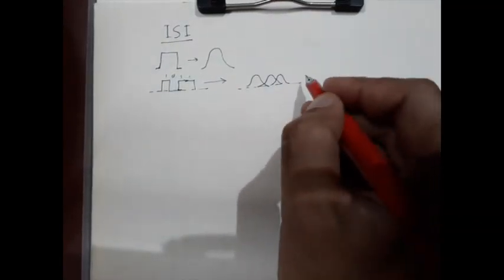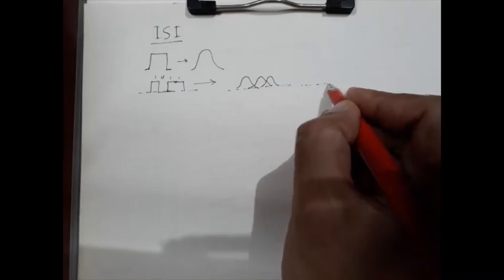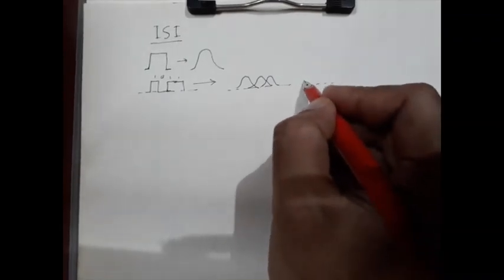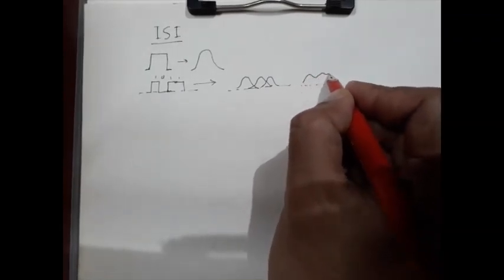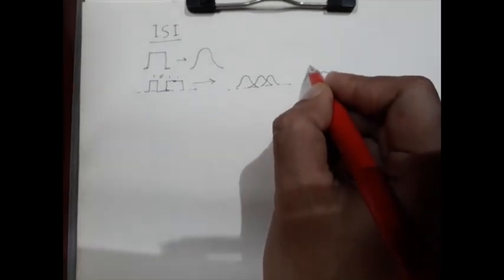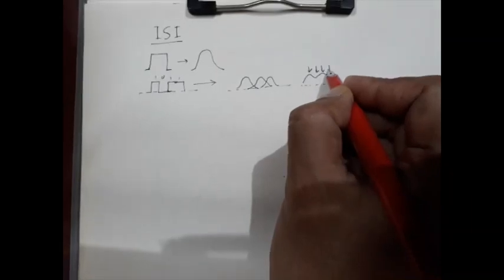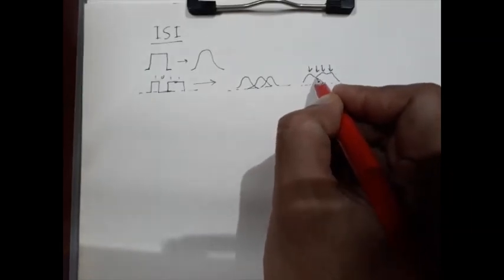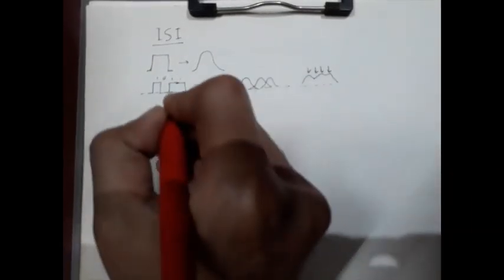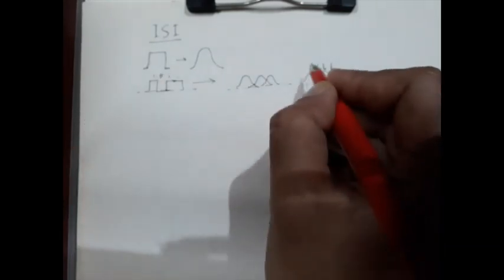So effectively at the receiver it will receive a waveform like this, and when we take the sample, it may happen that this voltage actually should be a small voltage value because it is 0.